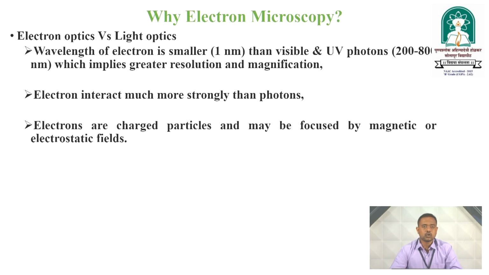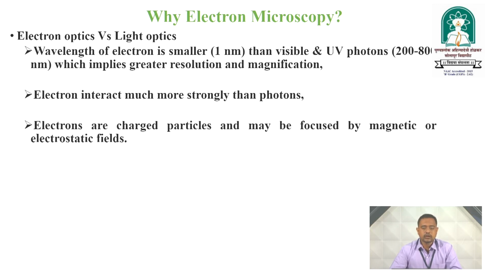Why is the electron microscope necessary? As we are all aware, the wavelength of the electron is smaller than 1 nanometer, which is very small compared to visible and ultraviolet photons, which are in the range of 200 to 800 nanometers. This implies greater resolution and magnification of the nanomaterials.